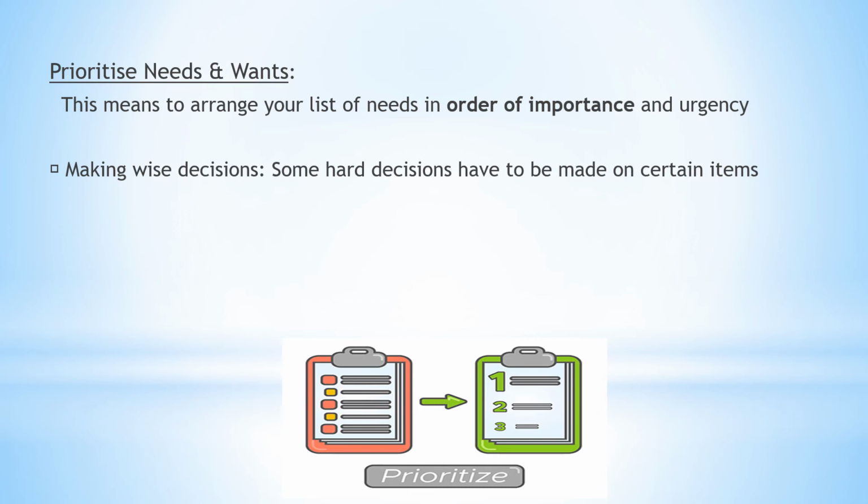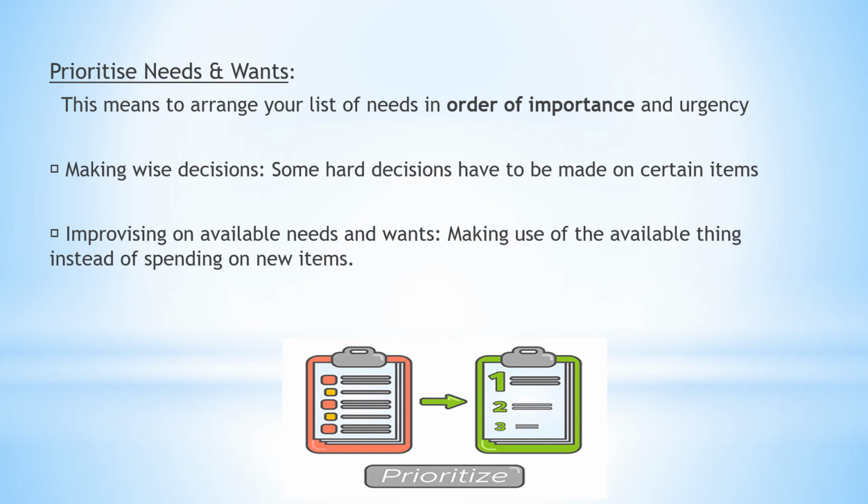By doing that, it helps us to make a wise decision. Sometimes some hard decisions have to be made on certain items. Some items have to be crossed off from the list. Yet, it's something that we want, but it should not be on that list. Second one, we can improvise, improvising on the available needs and wants.